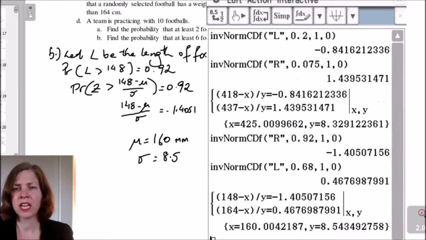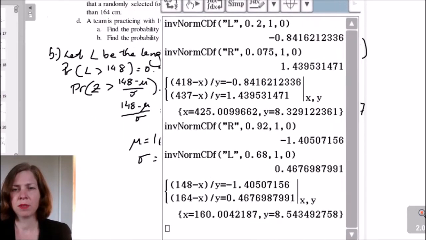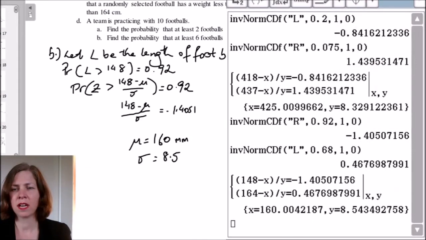And then for the second one, I had a left tail because Z is less than in this case, and my probability was 0.68. That's my probability there, and I got 0.4677.